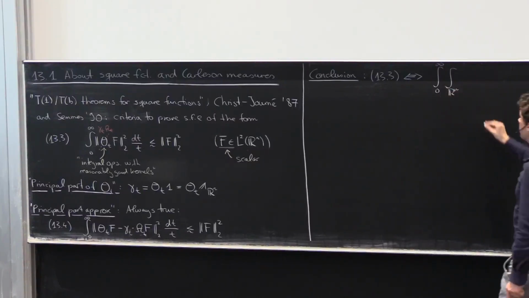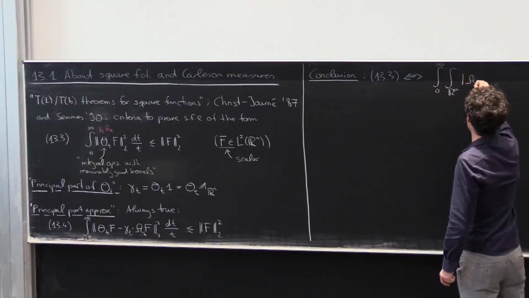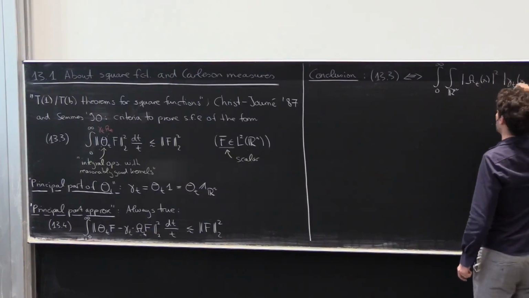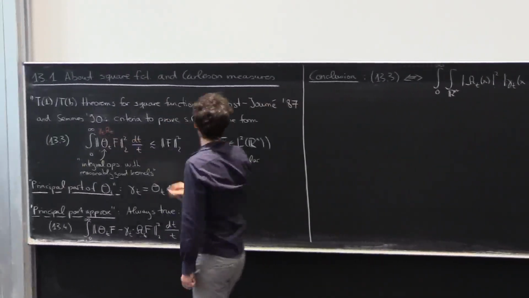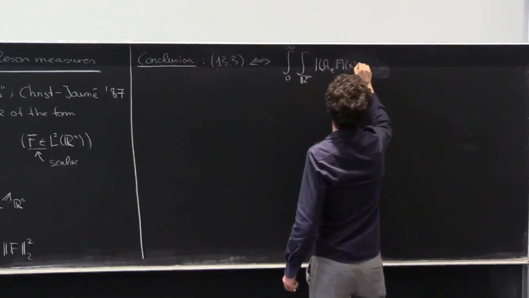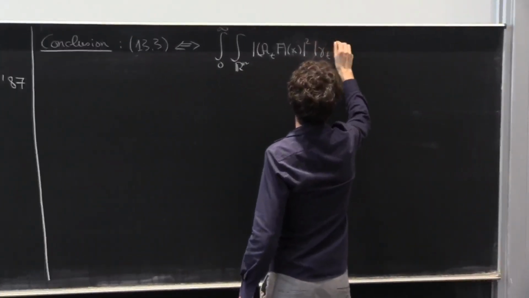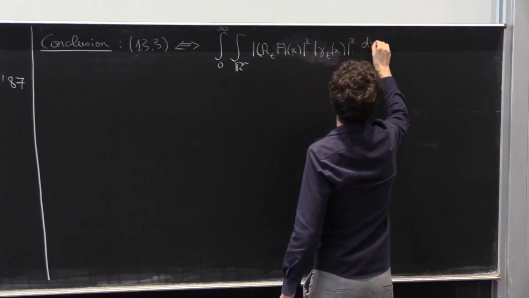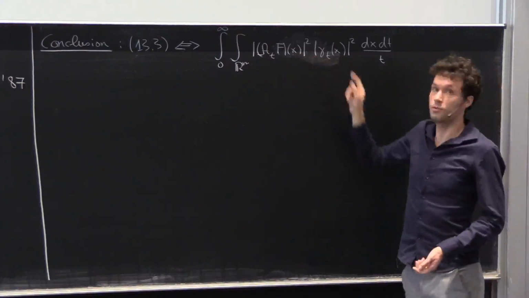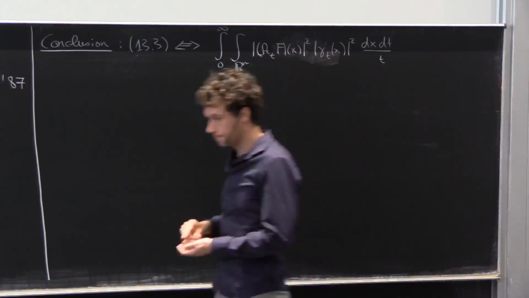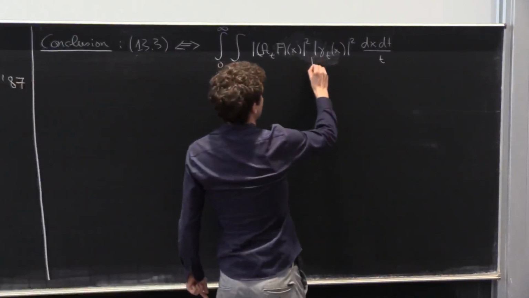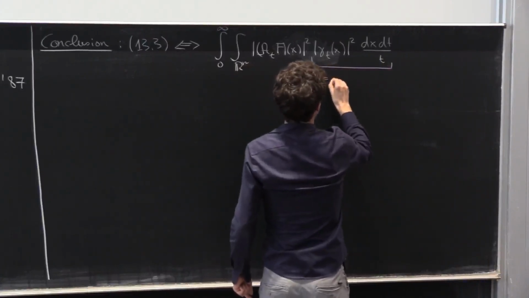This is integration on Rn, and then this is going to be A_t f of x squared times gamma t of x squared, dx dt over t. The only thing I did is I wrote it as two absolute values squared, which is okay, since it's a product of two functions. And the reason why I want to write it like this is that this here I want to view as a measure.